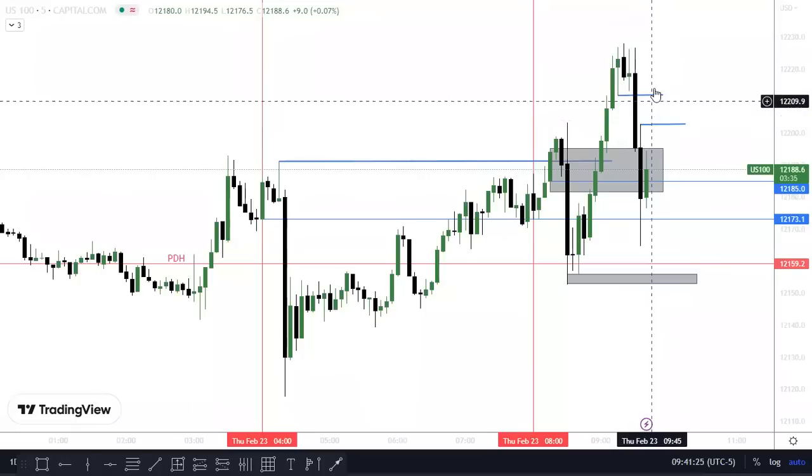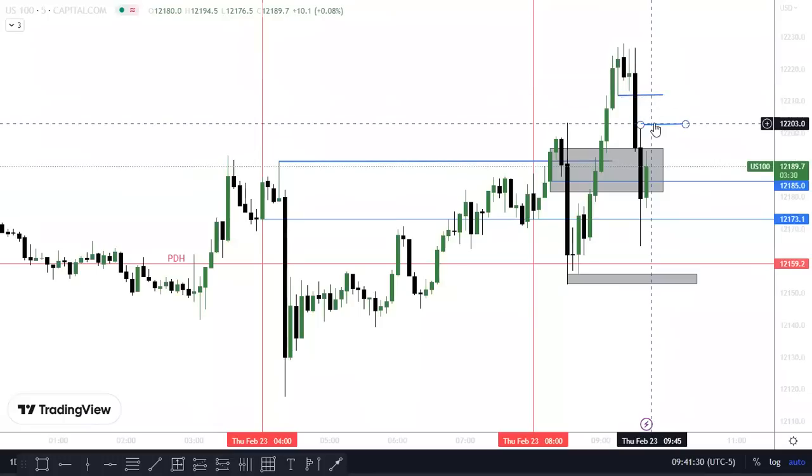So no bodies up here would be good. Yes, I would. I'd add in this order block right now. Remember, this is now the reclaimed order block. Give me my 50.